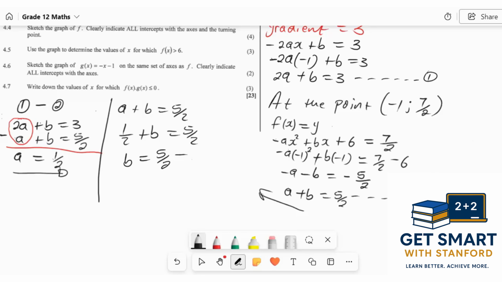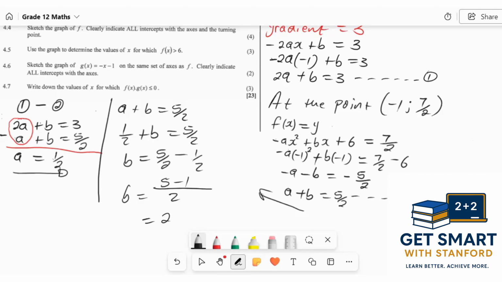We transpose half, it will be minus half. Our lowest common denominator is 2. And then we have 5 minus 1, which is equal to 4 over 2, and 4 over 2 equals 2. So we have proven that a is equal to half and b is equal to 2 for the first question.